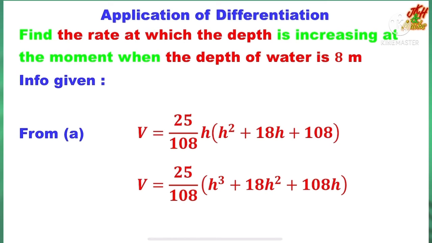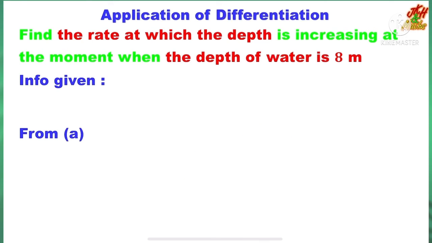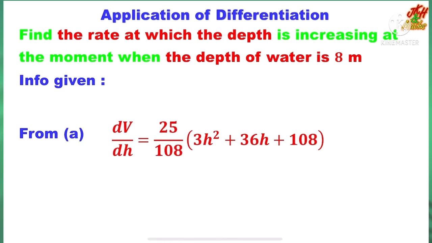And the second term, 18h², when we differentiate it with respect to h, we will have 36h. And when we differentiate 108h with respect to h, giving us 108. Thus, dV/dh is equal to 25π/108 in the bracket 3h² + 36h + 108.